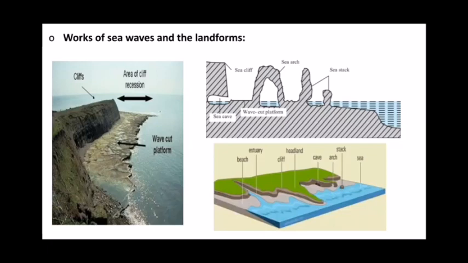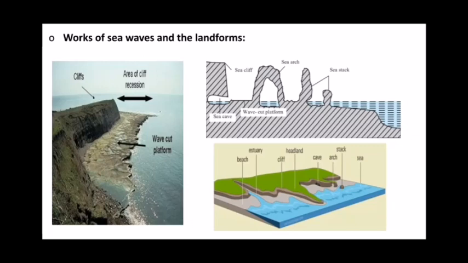You all know what tides are, right? High tide and low tide. Near the coastal areas, the waves are continuously hitting the rocks and the shore. So erosion of the rocks occurs because of the continuous hitting of the water on the rocks.